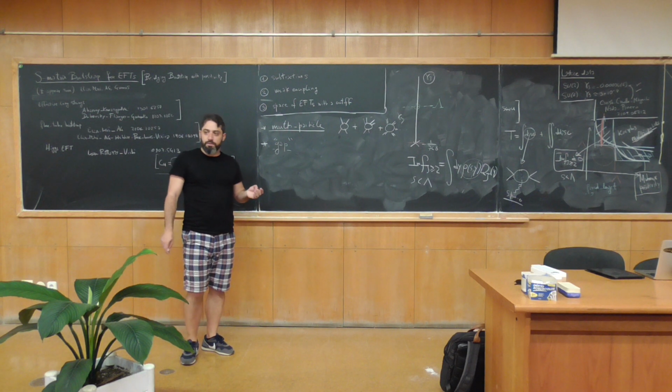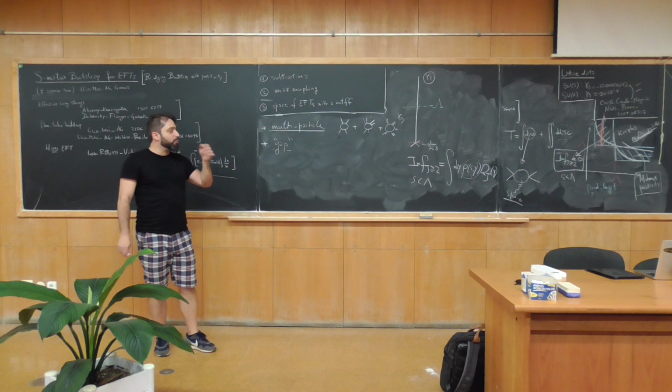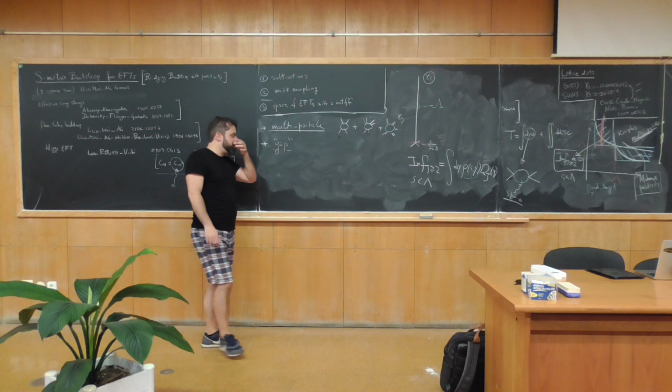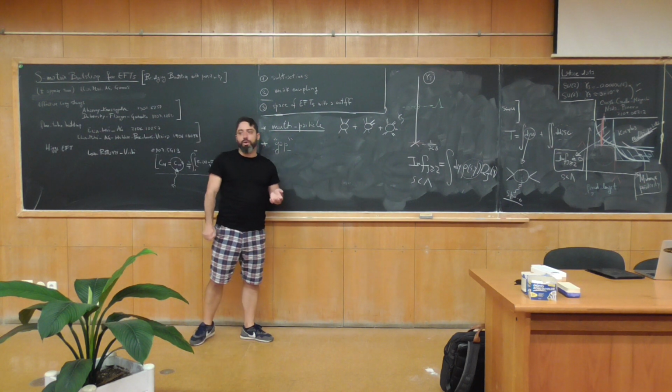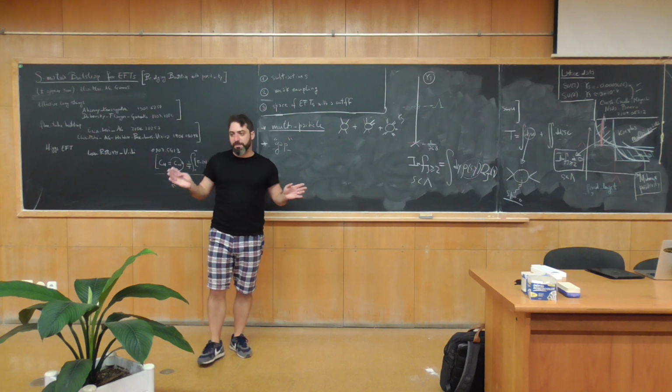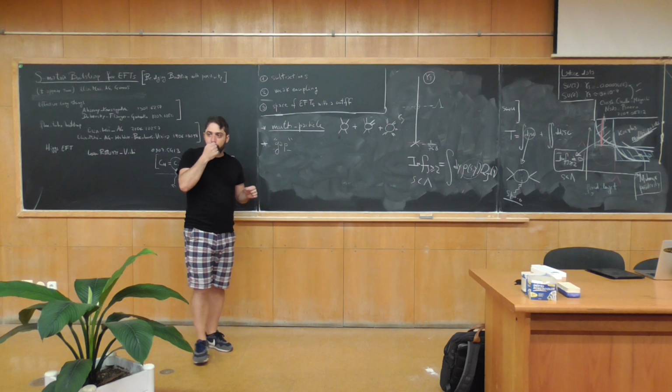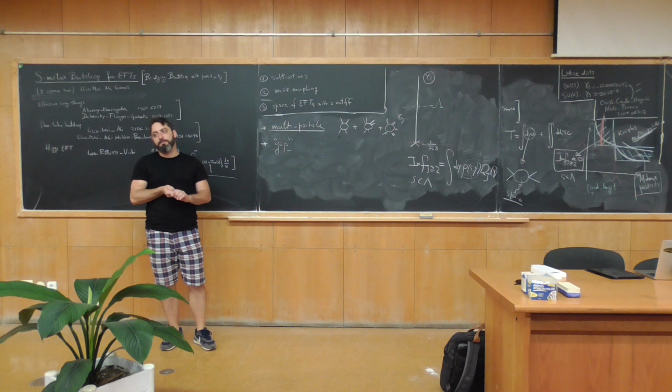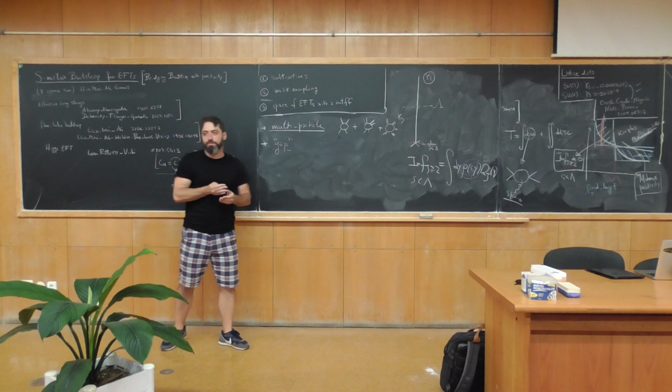No, there are no bootstrap data, but once you have the effective field theory at low energy, it's simple to set up the bootstrap to get the bounds. So there are no results about it, but in principle it can be done.